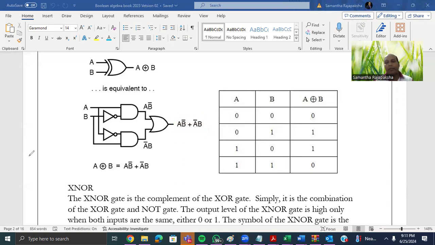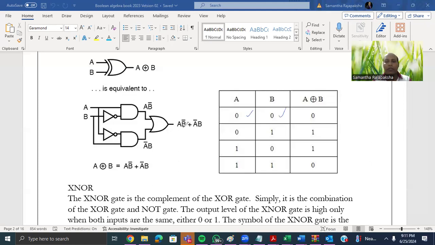Then how do you get the truth table for this? You can easily get the truth table since you know the Boolean expression here. The Boolean expression is A bar B. So if you substitute the values, initially A is 0, B is 0.